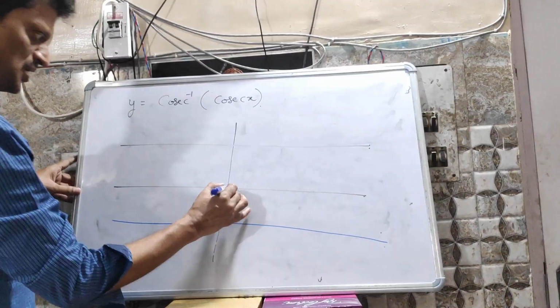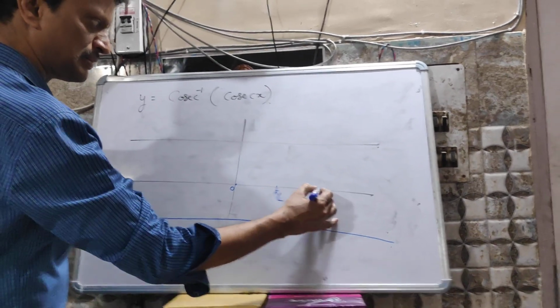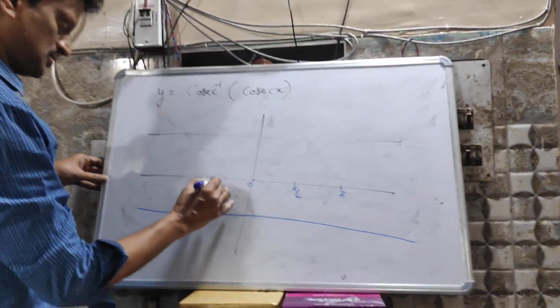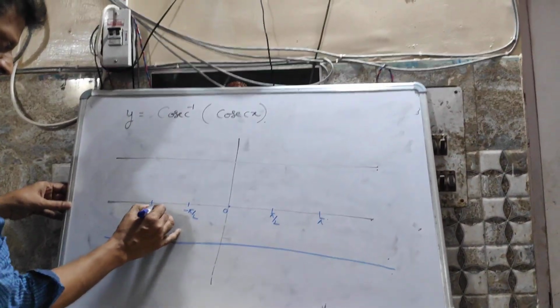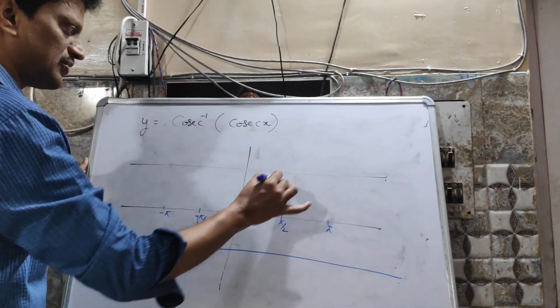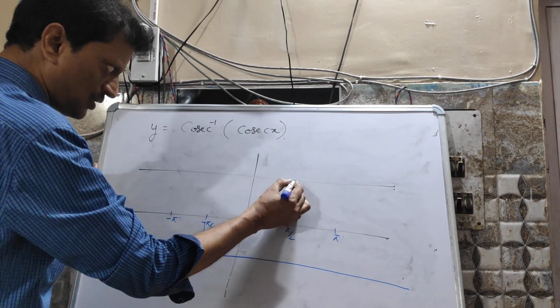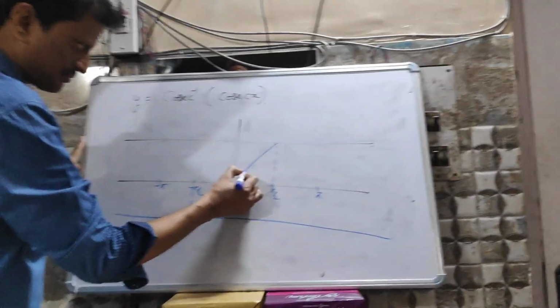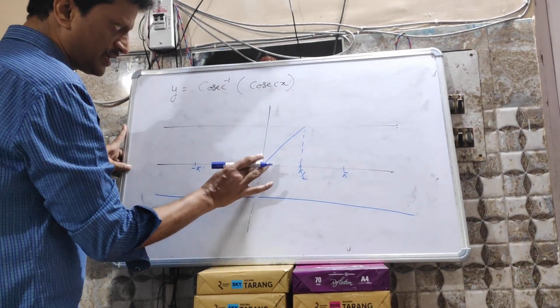Okay. This is 0, pi by 2, pi, and minus pi by 2, minus pi like this. So at minus pi by 2 to pi by 2, for sin inverse x you have taken y equal to x. Here also the same thing only, but you cannot get 0 in this range, so here we have to take an open circle.